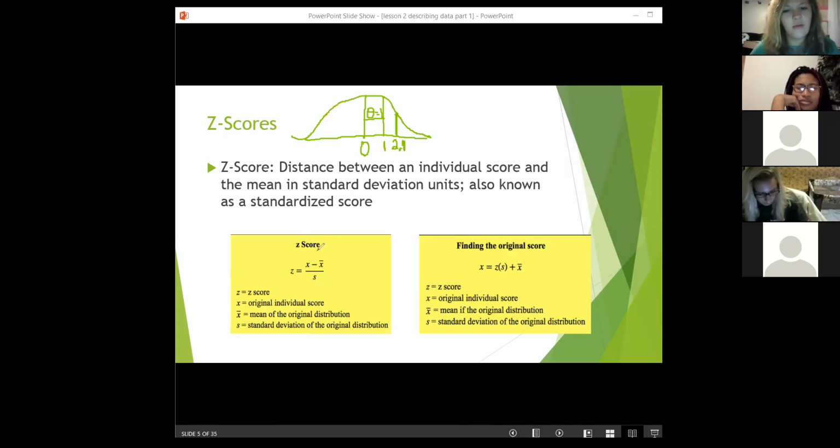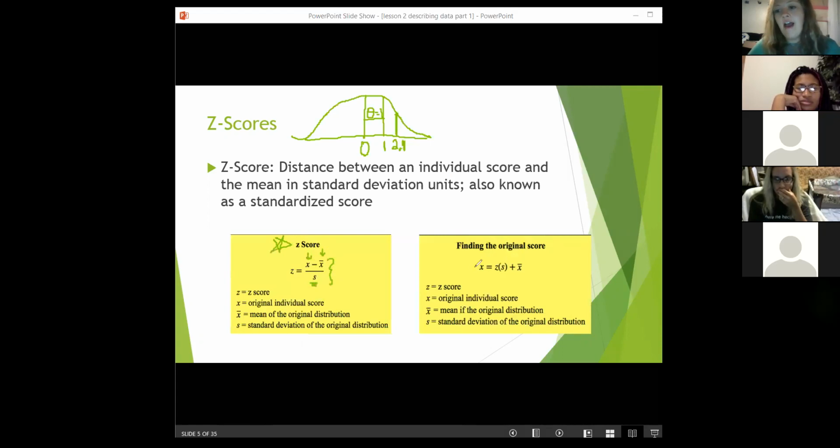So just understand what it is, and then down here is how to calculate it. You use your original individual score, then the mean of your distribution, and then the standard deviation of the original distribution. So that's how you get your z-score. These are coming mostly from your original distribution.